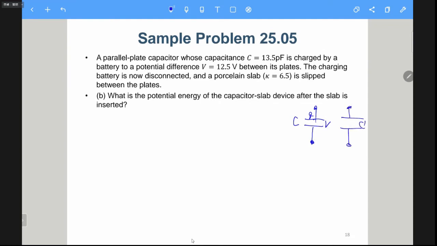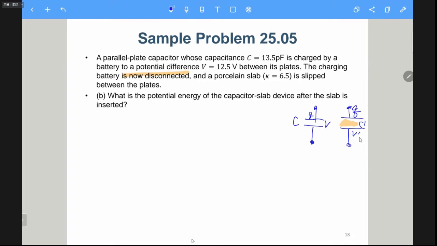In that case, Q doesn't change because the charging battery is disconnected, so the charge has no way to go. So C prime and V prime will change.